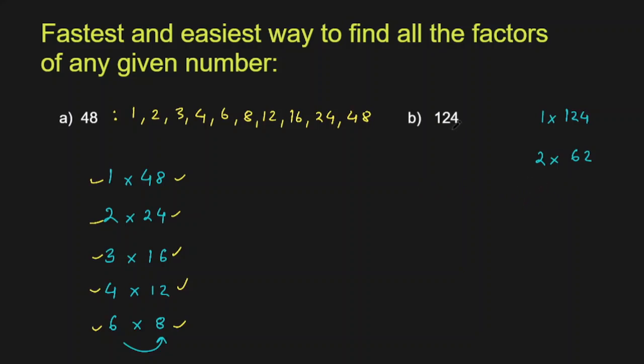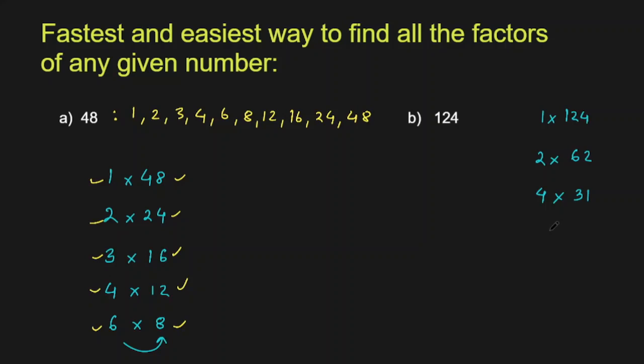It doesn't go with 3, right? Because 1 plus 2 is 3, 3 plus 4 is 7. No, it doesn't go with 3. It goes with 4. Okay, 4 times 31. Then it doesn't go with 5. It goes with 6? No. It goes with 7?